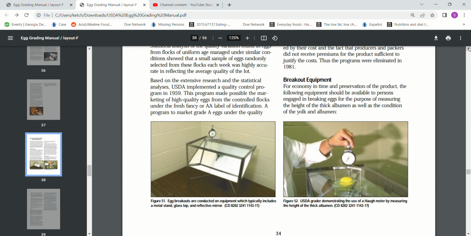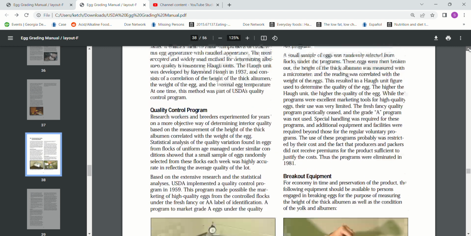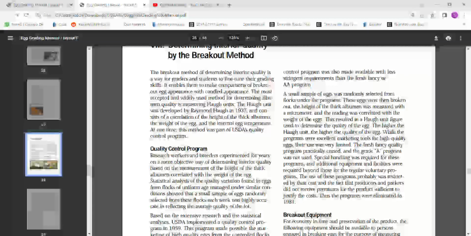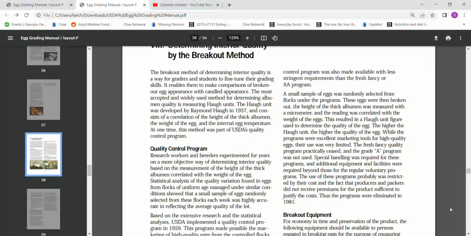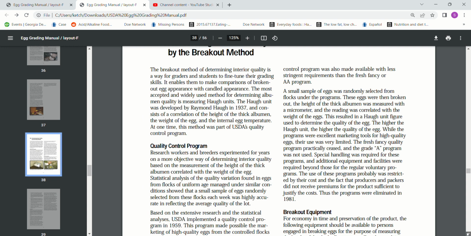Based on the extensive research and the statistical analysis, USDA implemented a quality control program in 1959. This program made possible the marketing of high-quality eggs from the controlled flocks under the Fresh Fancy or Double A label of identification. A program to market Grade A eggs under the Quality Control Program was also made available with less stringent requirements than the Fresh Fancy or Double A program.